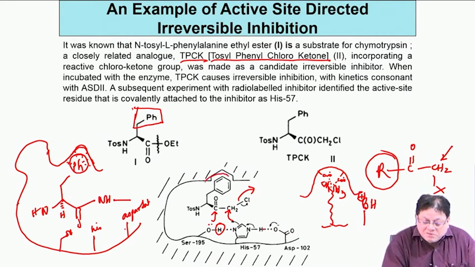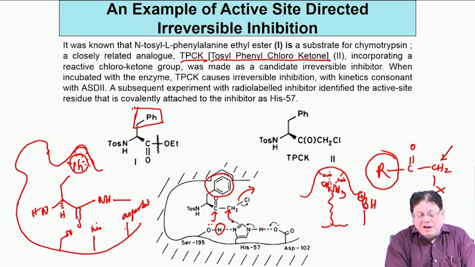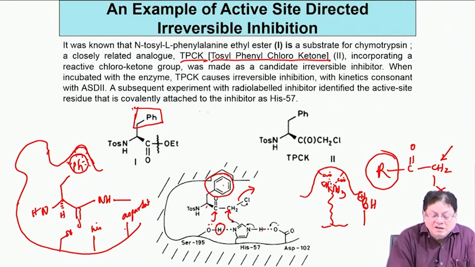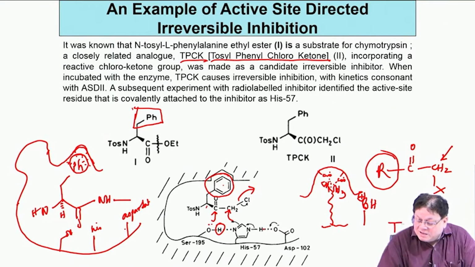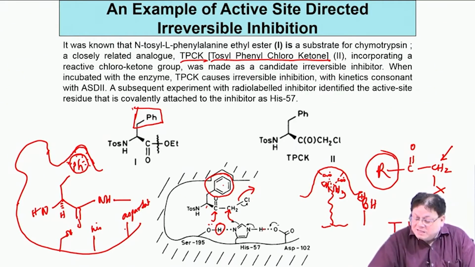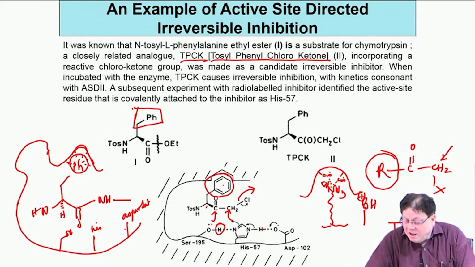You replace this phenylalanine group, and instead of TPCK, that means tosyl phenylalanine chloroketone, you take tosyl lysine chloroketone. That will be called TLCK. TLCK is tosyl, where the L stands for lysine, and then chloroketone.